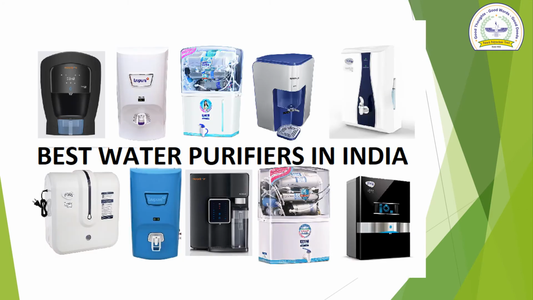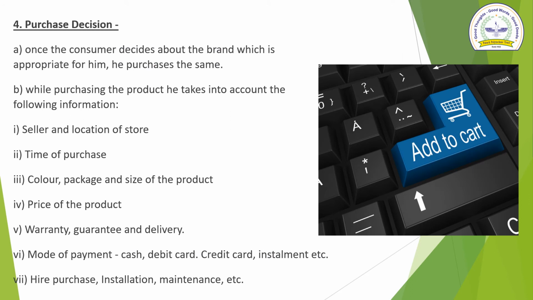And when you get all the information, then you try to understand which one is the best, which one gives you the best quality of service, which one is the best quality product at a reasonable price, and which company gives you a good warranty or the guarantee. So all these things you try to understand, and then you make the purchase decision.